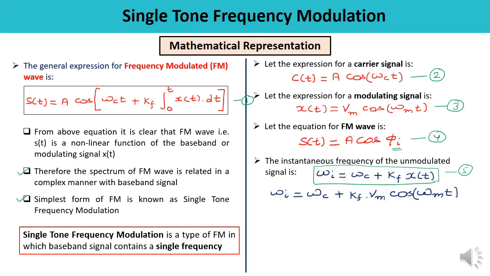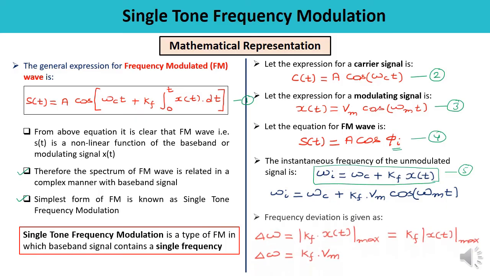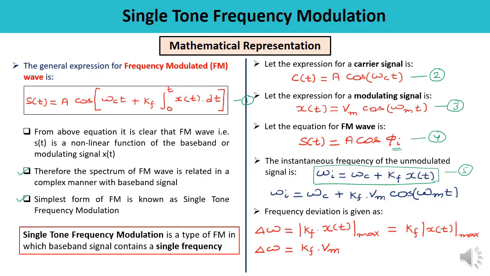At the same time, we know that the frequency deviation is denoted by delta omega, and that is the maximum value of kf into x(t). Kf is a proportionality constant, so it is kf into the maximum value of x(t), and from equation number 3 you can observe that the maximum value of x(t) will be Vm, when the cos term has a value of 1.